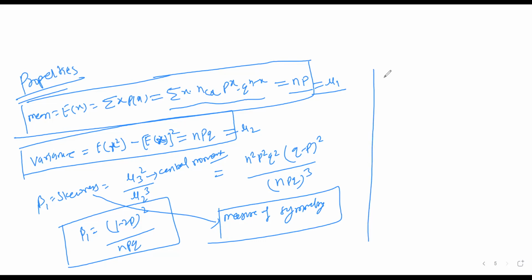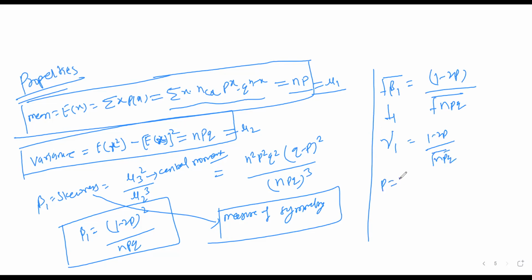You take the square root on this side, so the square root of beta 1 must be equal to 1 minus 2p divided by the square root of npq. And this square root of beta 1 is given as gamma 1, which is 1 minus 2p divided by root under npq. If we substitute p equal to 1 by 2, then the gamma 1 value will be 0.